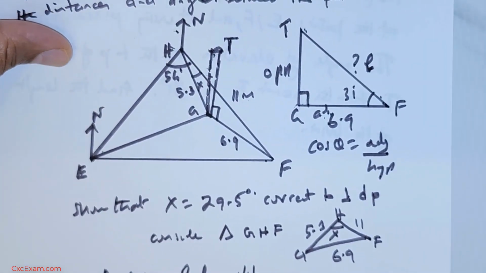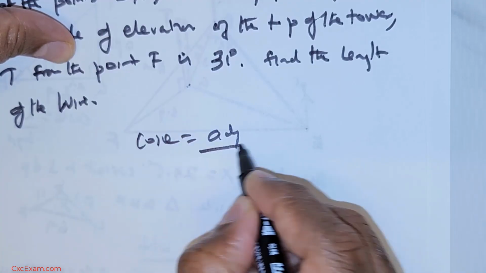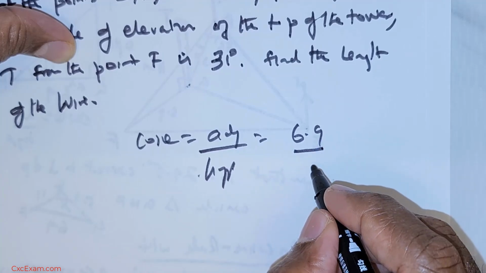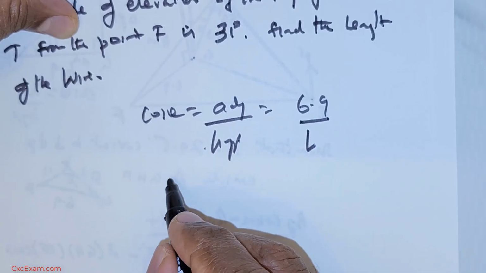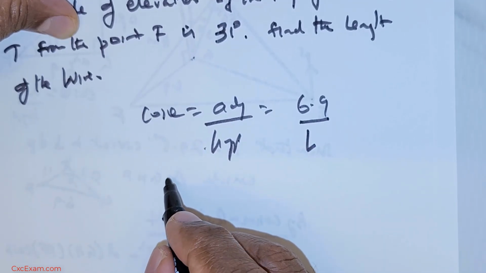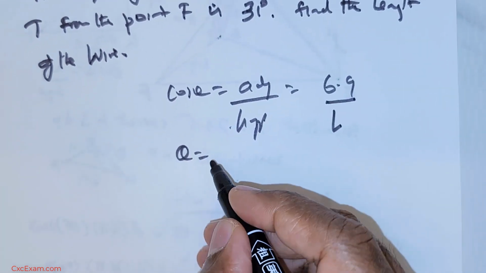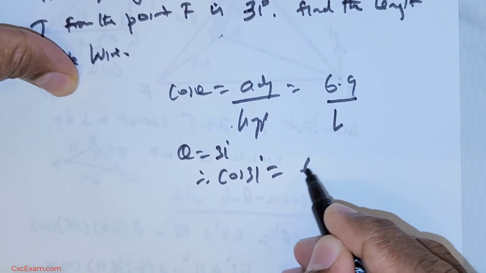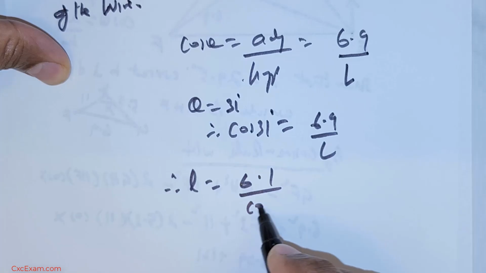Adjacent is 6.9 and we need this length. And theta is 31 degrees. So therefore cos 31 is 6.9 divided by L. So therefore L is equal to 6.9 divided by cos 31.